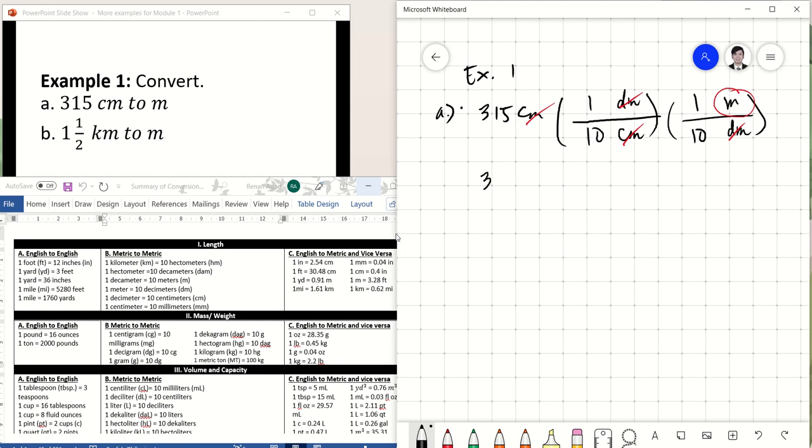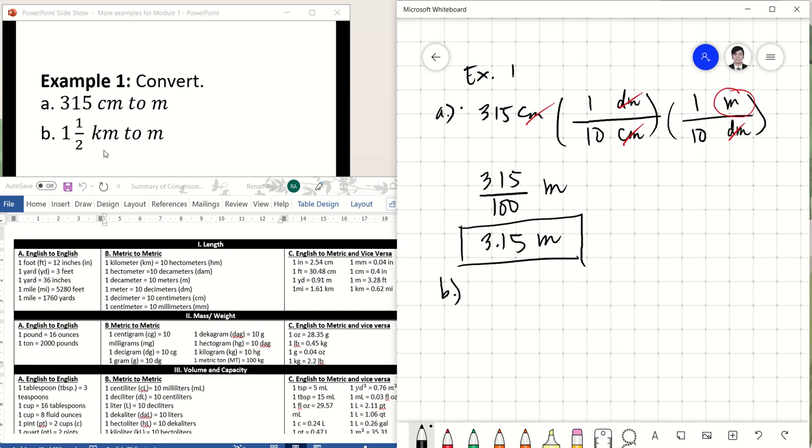So in other words, 315 times 1 times 1 is 315. 10 times 10 is 100. Then you have meters here. So 315 divided by 100 is just 3.15 meters. And this is our answer.